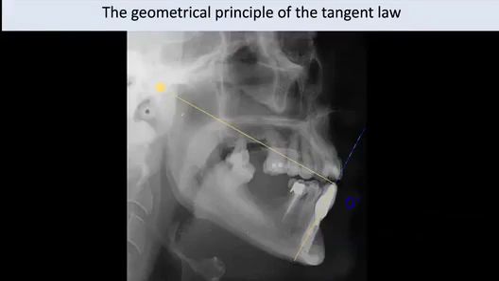If you put an anterior implant, you have to align the direction of the implant to the tangent of the closing cycle. That means perpendicular, 90 degrees here, between the implant and the closing radius, which is here. Go to the condyle.